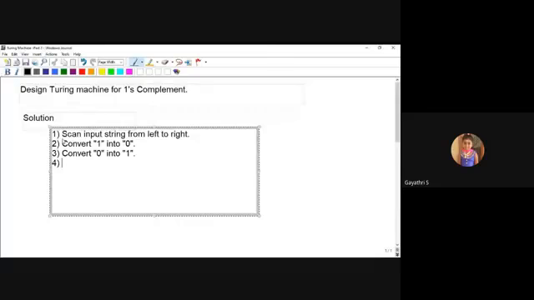you can terminate the machine. Very simple one, a simple algorithm.